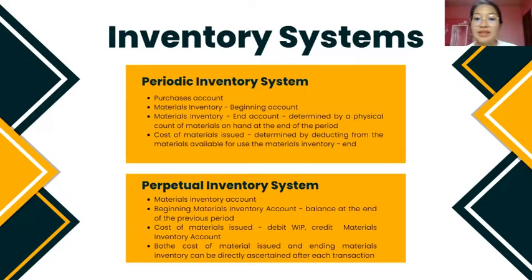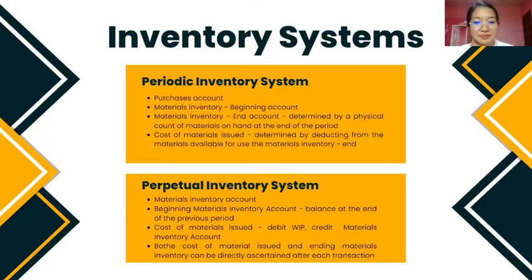So for perpetual inventory, this system also has materials. For perpetual inventory system, it does not use a purchases account. Instead, it uses a materials inventory account. So if you purchase a material, you debit the materials inventory account, and then credit accounts payable or cash.